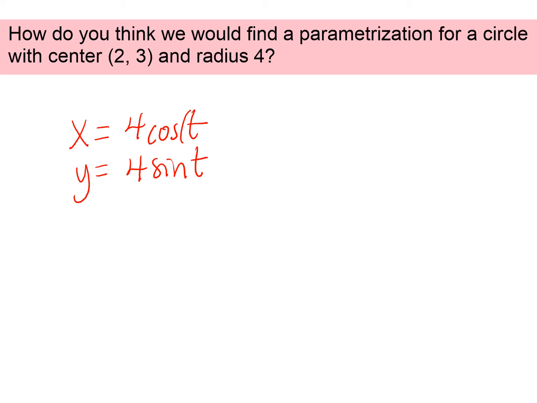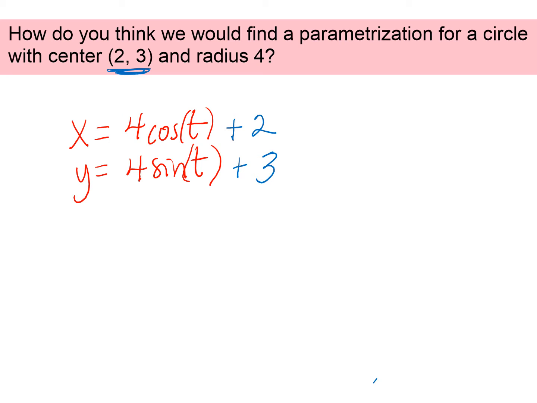So again, we're taking the cosine and sine of t, but if I want to have the center, think about your transformations. Instead of being at the origin, I need to go to the right 2. So the x needs to increase by 2. And I need to go up 3. So the y value needs to increase by 3.